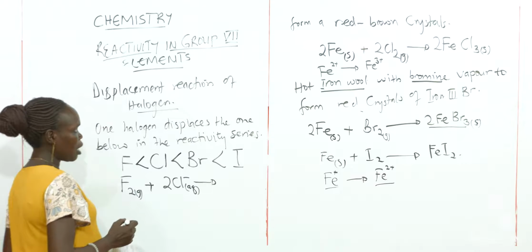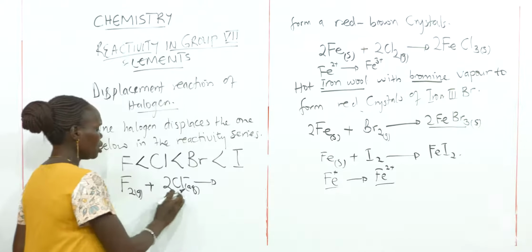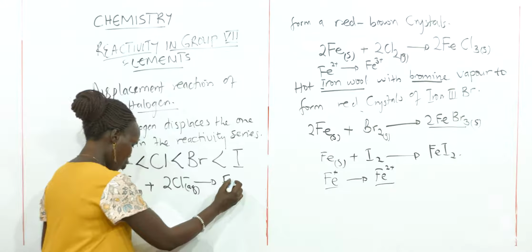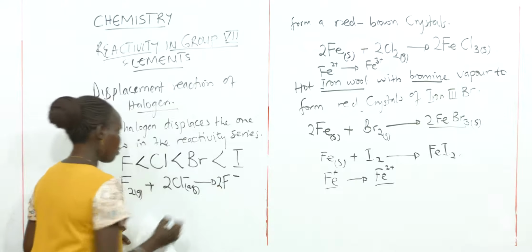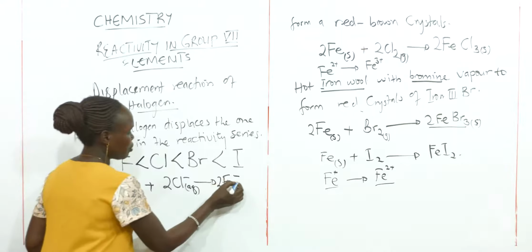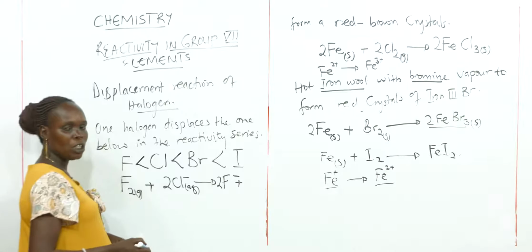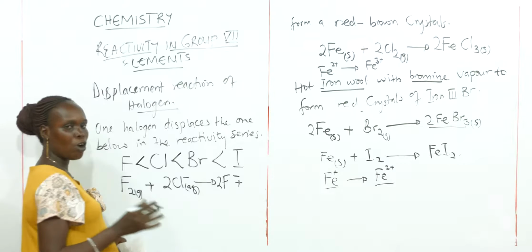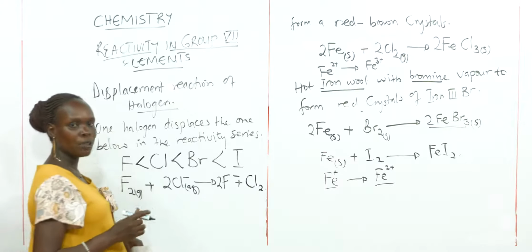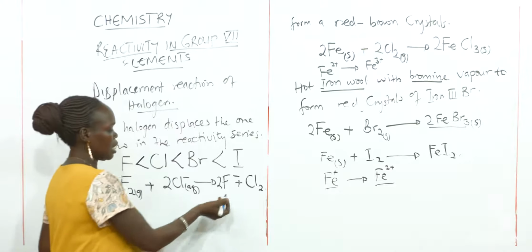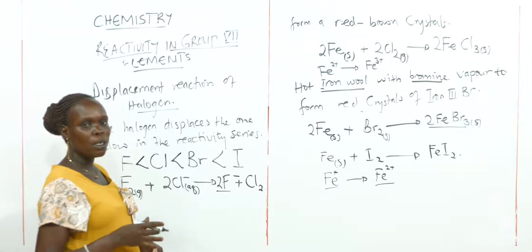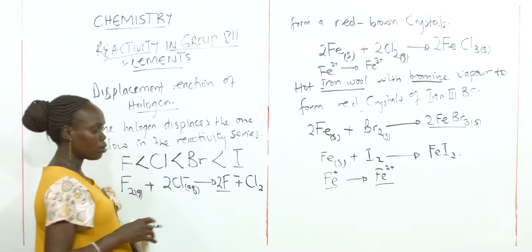Fluorine will take the place of chlorine, so we shall have fluoride with one of the metals, plus chlorine, which is displaced from its compound. So fluorine has displaced chlorine from its halide compound or solution.